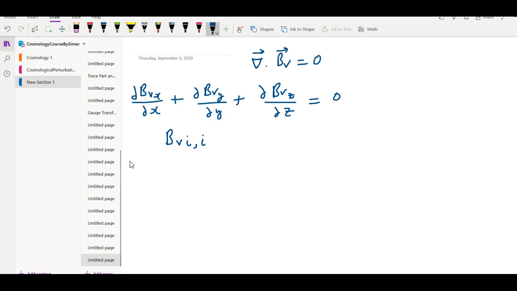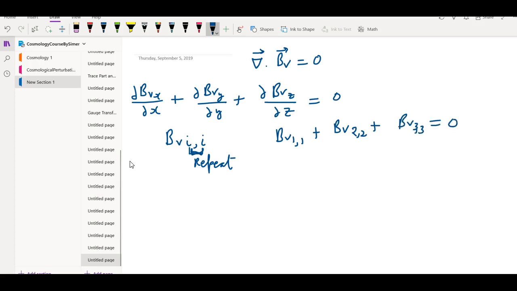Now remember, we need to repeat over these indices, and if you want to write in proper tensor notation so that you don't forget to contract, we need to repeat on this. So basically B_V1,1 plus B_V2,2 plus B_V3,3 is 0.